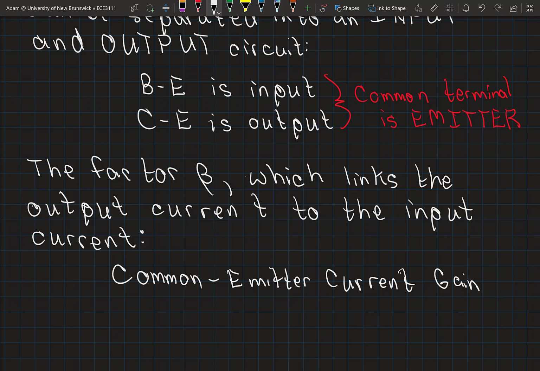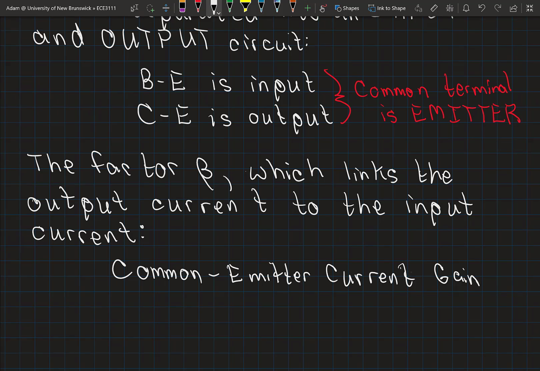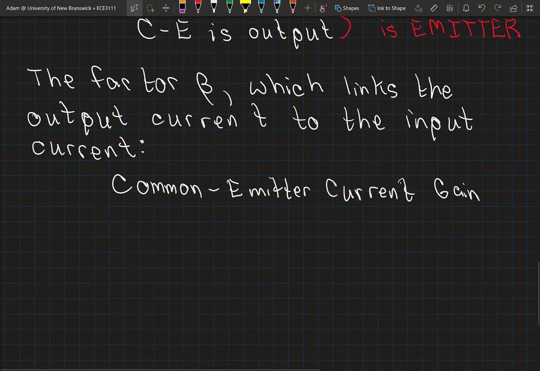So using this model and this two-port network, we have a fairly well-defined input and output behavior.